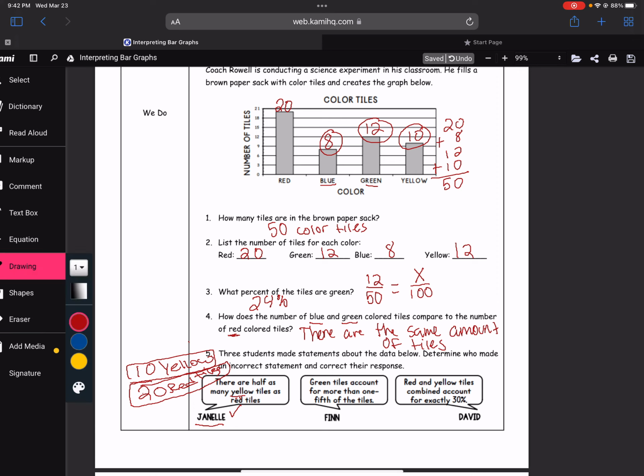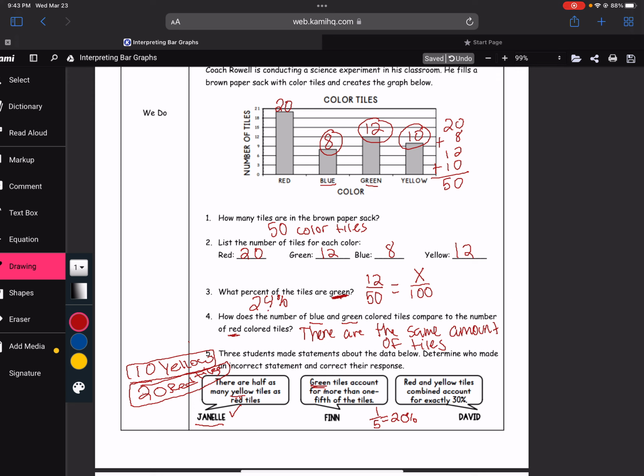So Finn says green tiles account for more than 1/5 of the tiles. Finn is saying that 1/5 of the tiles is actually 20% of the tiles. So let's see what percentage the green tiles are. We could set up a proportion, but if you look at green, we have it here showing 24%.